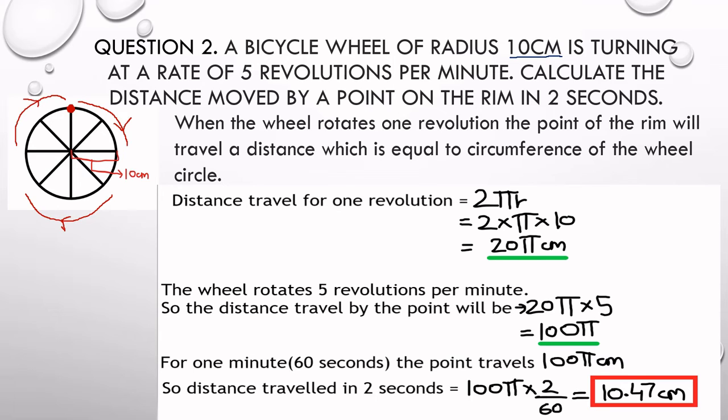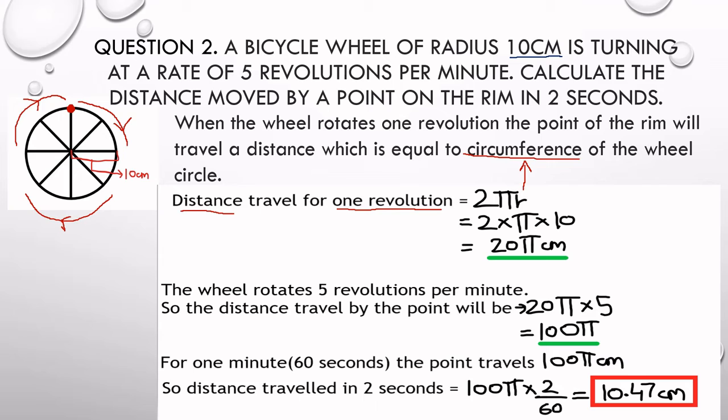This is called one revolution, and this is also equal to its circumference. So the distance traveled in one revolution is 2 pi r. This is nothing but the formula of the circumference.